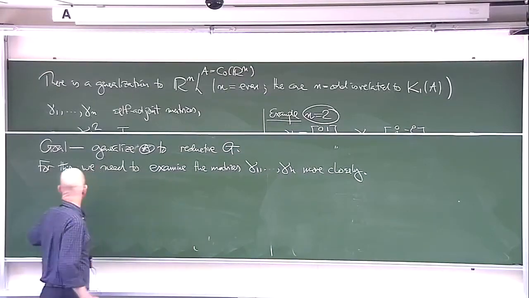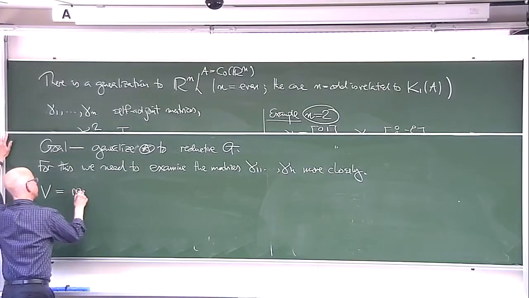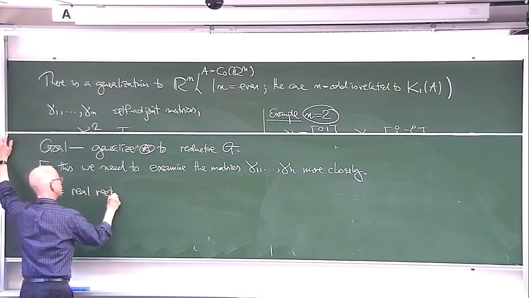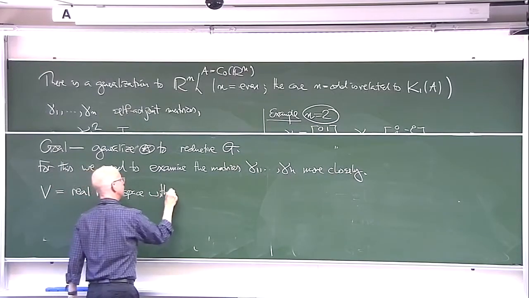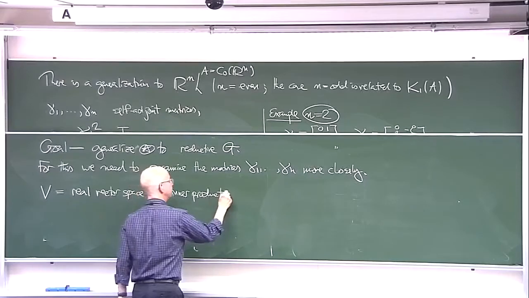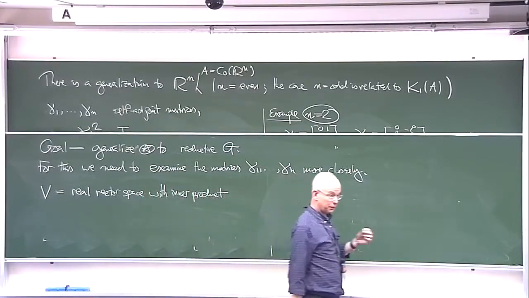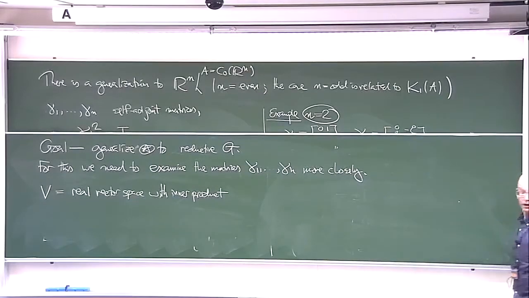Suppose I have a vector space, just a real vector space with an inner product, finite dimensional. No C-star modules here, just a real vector space, like R^n, with an inner product.